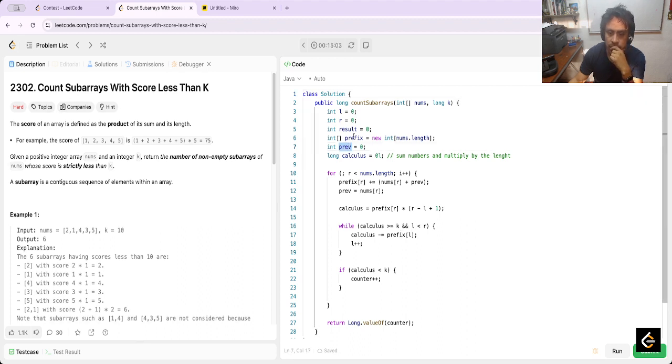Double check. Initialize this. This is wrong. L, R, result, prefix.